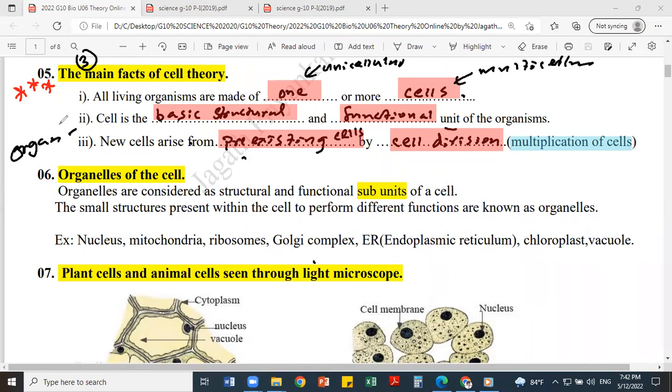Organs means heart, lungs, liver, kidney, brain. Organelle means things inside the cell. Organelles are found inside the cell.